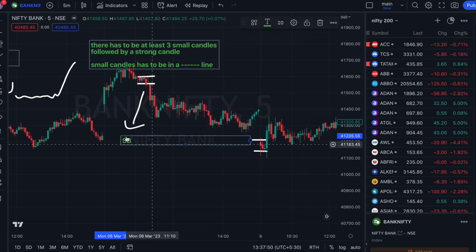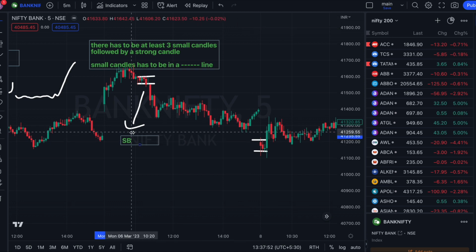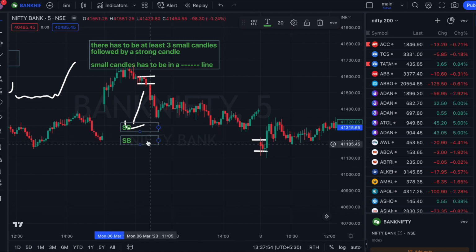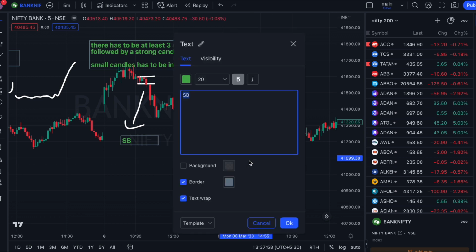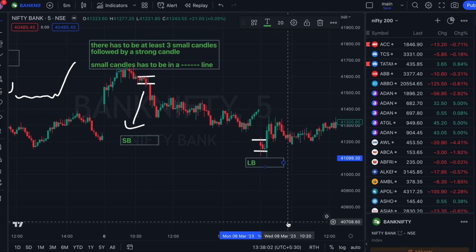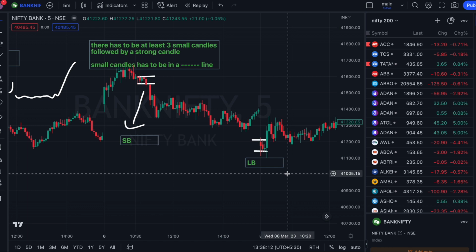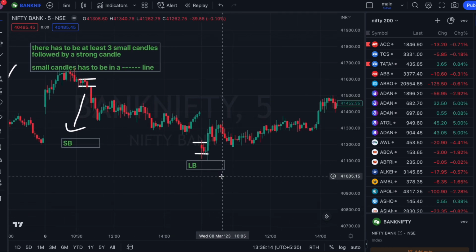Let's write it as SB, which is short build-up, and mark this one as LB, which is long build-up. A long build-up indicates that the price might go up. So this is what we call a short and a long build-up.